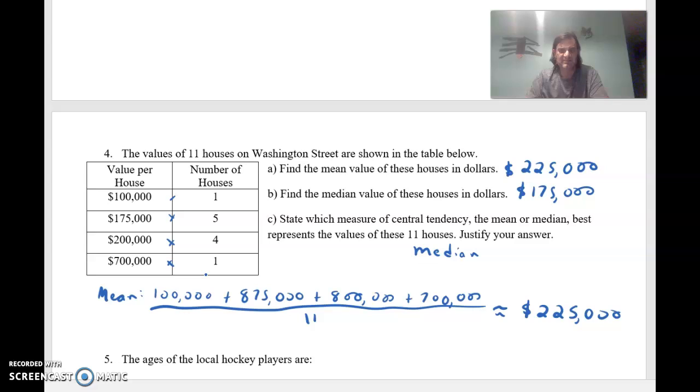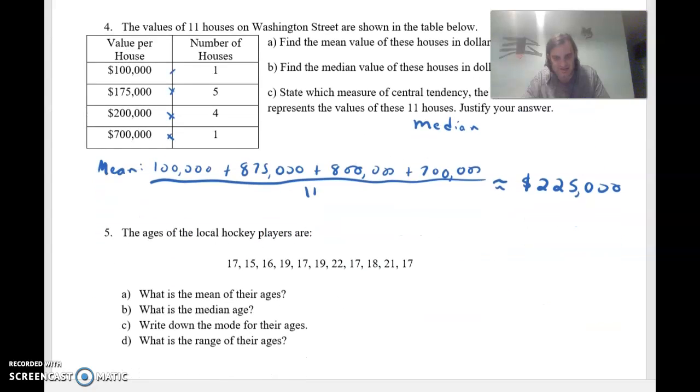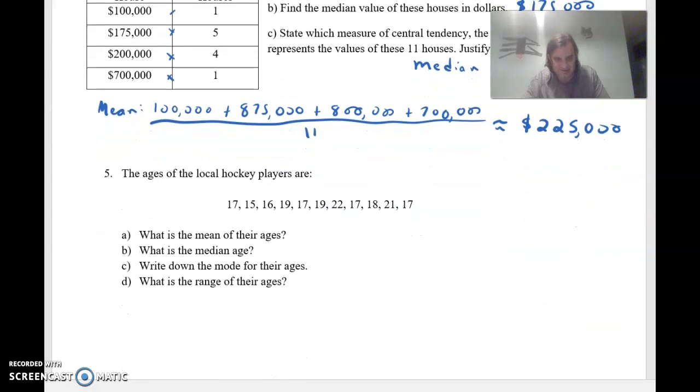If you told me I was moving to a neighborhood where the average house value was 225,000, but I was buying a $100,000 house, it would seem kind of weird. So that one $700,000 house is really messing up the data there. Let's see what else we got down here.